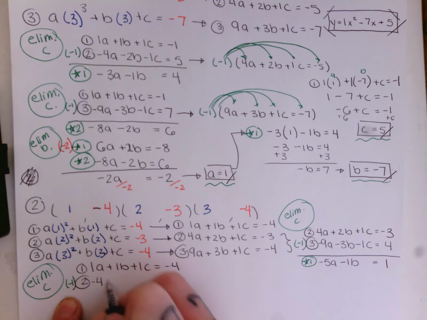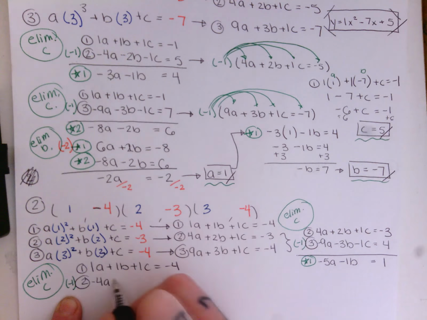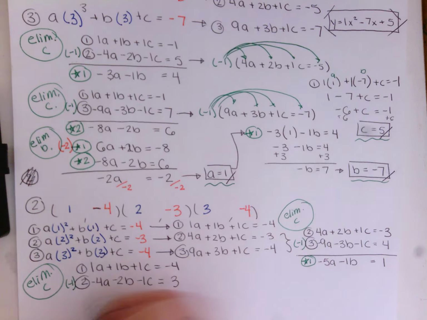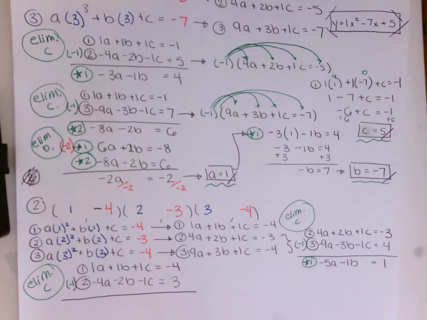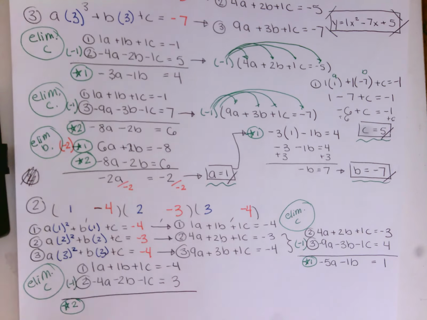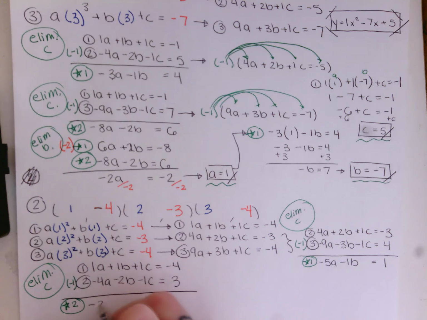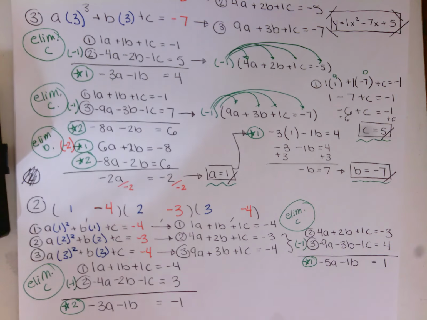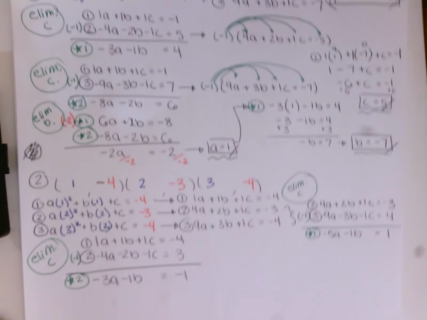So I have -4a, -2b, -1c, and now we've got a +3 here. When I combine these, I'm going to get my second star equation. So here I have a -3a, a -1b, my c's cancel, and I'm left with this equation here. Now I have my 2 prime equations.